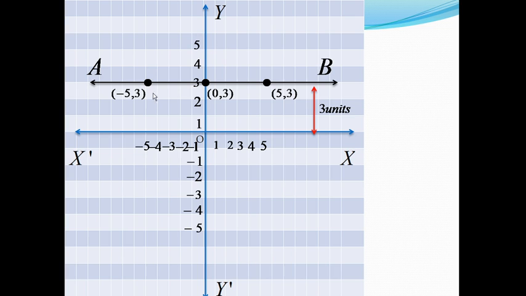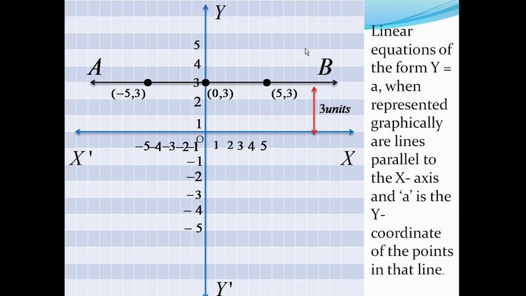So basically, students, what we have learned is that linear equations of the form y is equal to a, when represented graphically, are lines parallel to the x-axis, and a is the y coordinate of the points on that line.